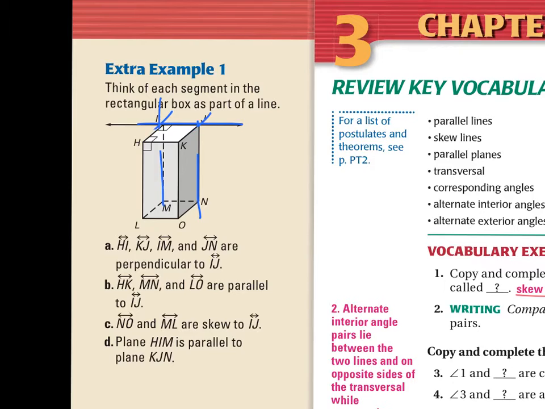Parallel to IJ would be JK, MN, LO. Skew to IJ would be KO, HL, OM, LM. And then a plane parallel to HIM, which is the top, would be the bottom, which is KJN.